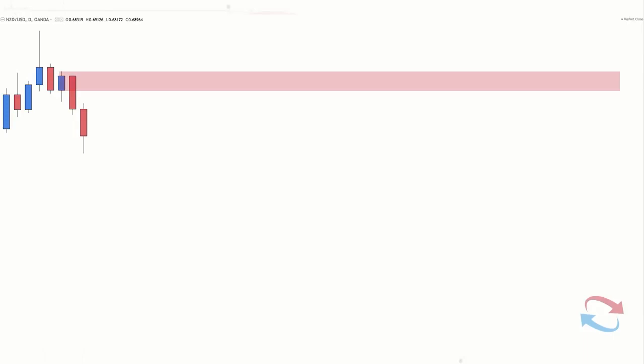So this is our lower high, lower low sequence, and as well it's broken below that candlestick there. As we see this lower high, lower low, this area is where we're going to be drawing our demand zone. All right, so we get our demand zone right there.